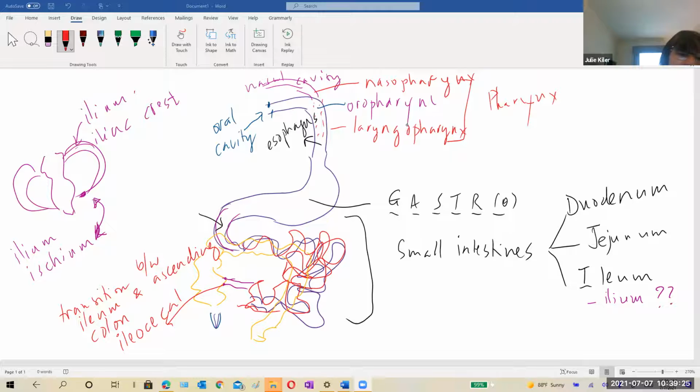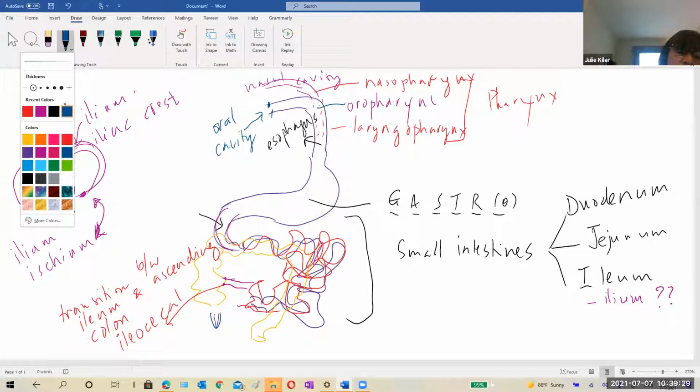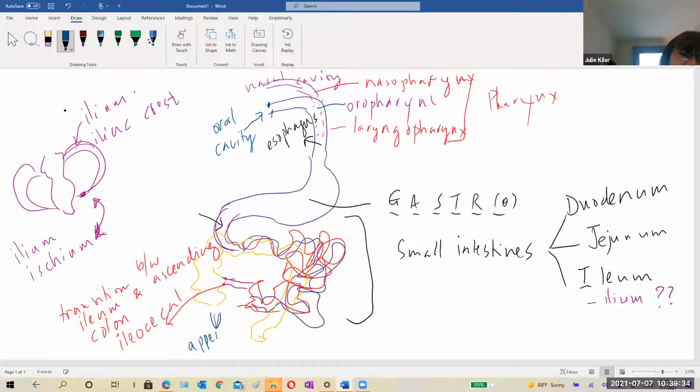So this is the appendix, which can be considered an emergency operation, especially when there are clinical signs or symptoms that it is about to burst. When it bursts, it spreads around the peritoneum inside the abdominal cavity, gets into the bloodstream and becomes septicemia, because it has germs.